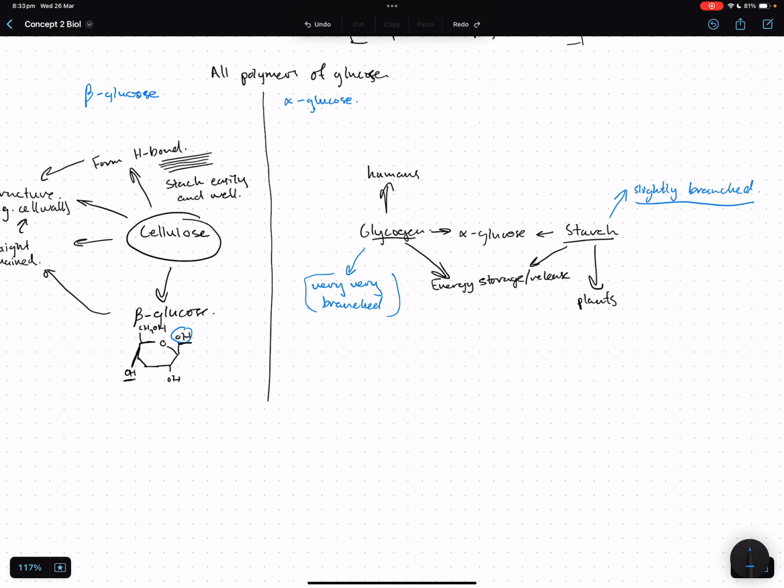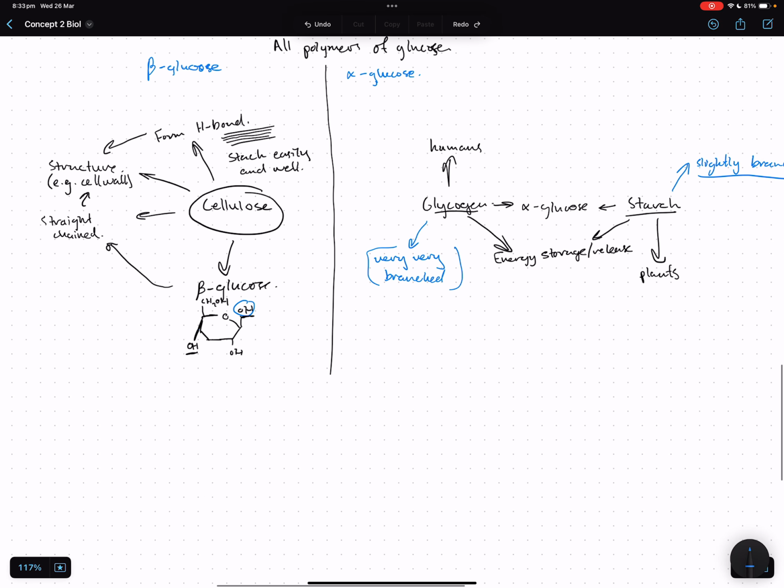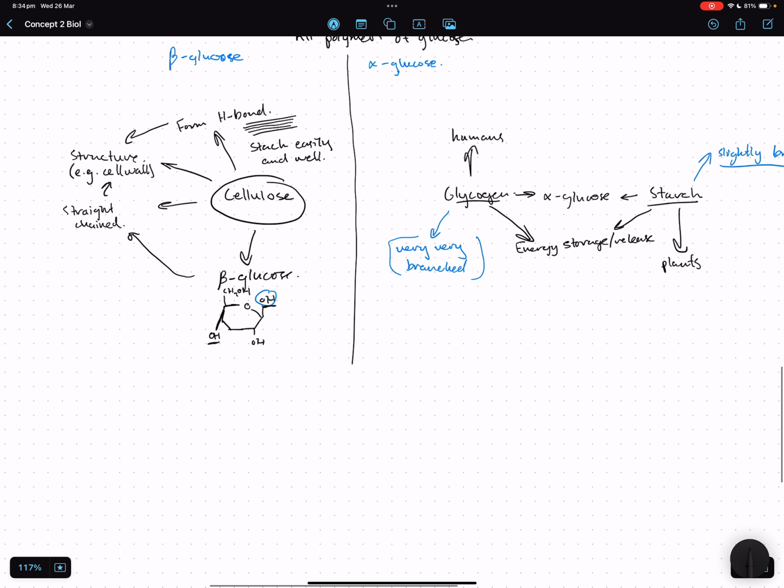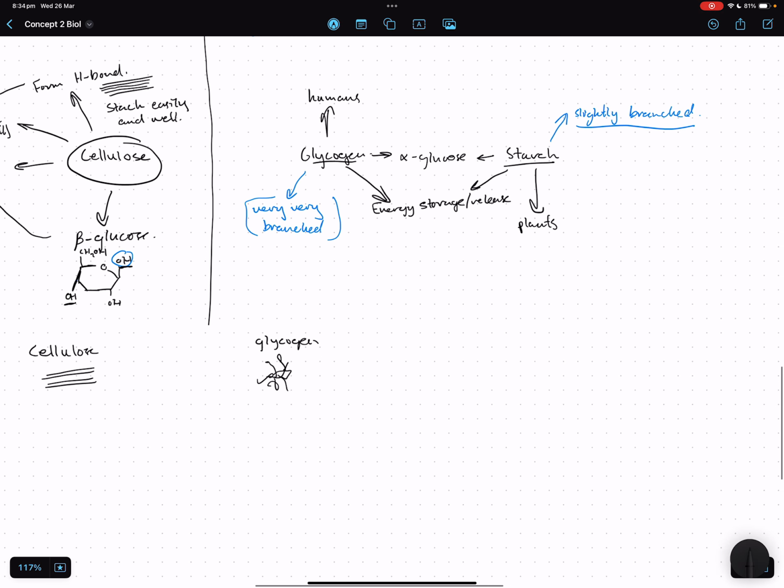So for example, if you look at densities, of course you're going to have the cellulose be the most dense, so you have these lines, but then you have glycogen, which sort of goes all over the place and really crosses back over itself, so it's a bit more dense.